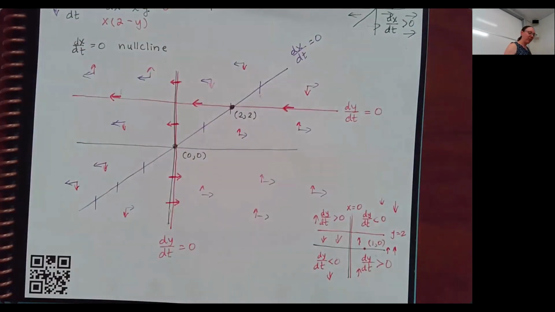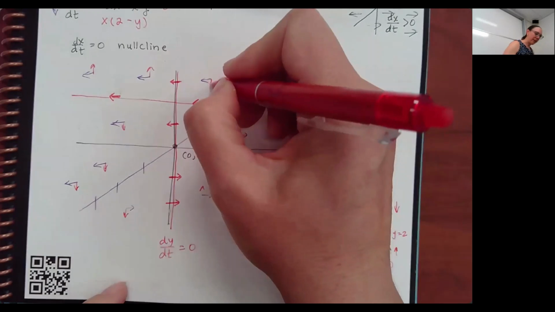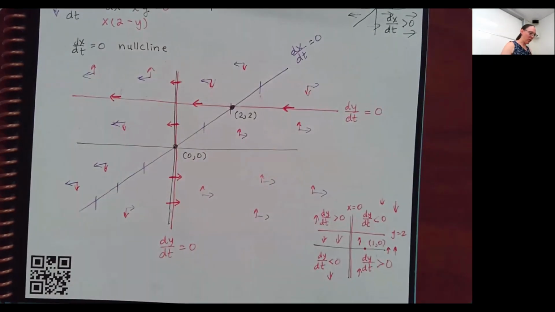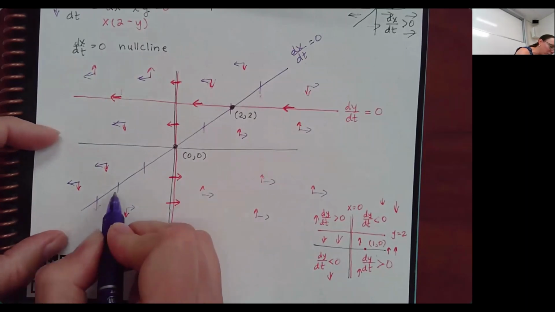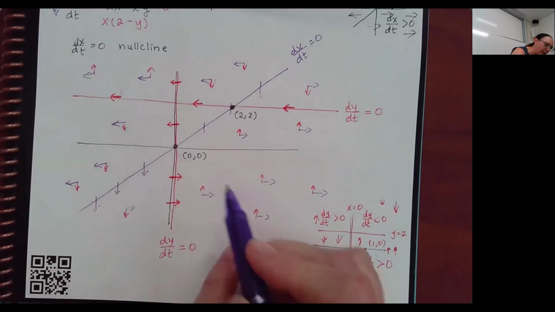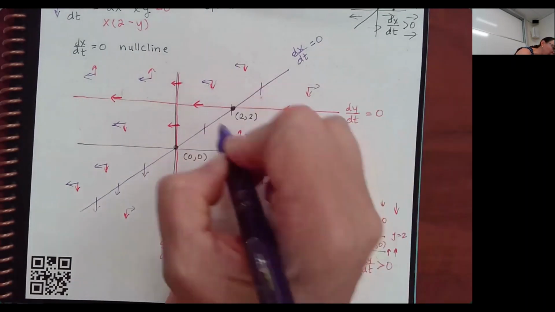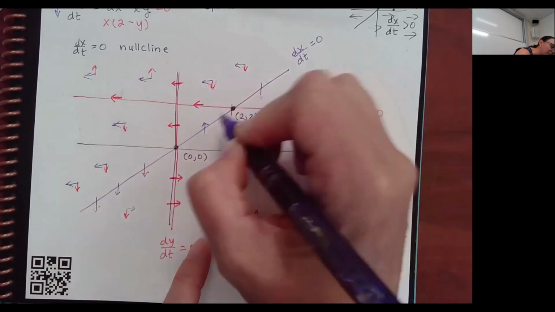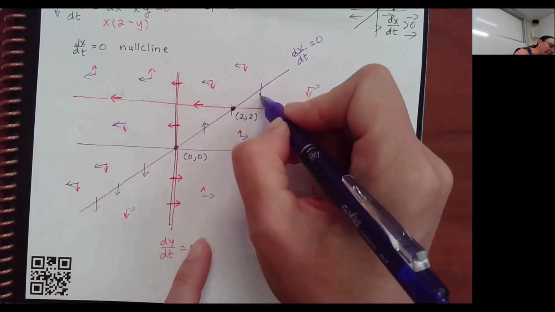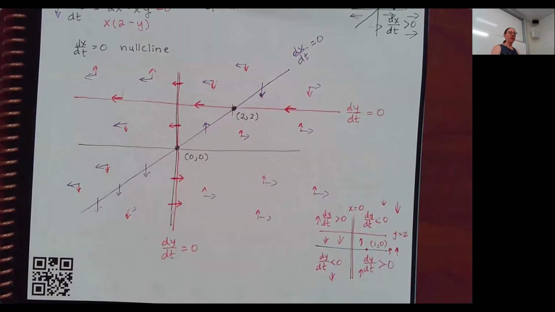And now I can fill in the direction of my arrows along the dx dt null line. So these are all going to point down. I've crossed a null line. These are going to point up. Crossing another null line, those are going to point down. So in the places that are not actually on a null line, I have to think about combining those vector directions together.